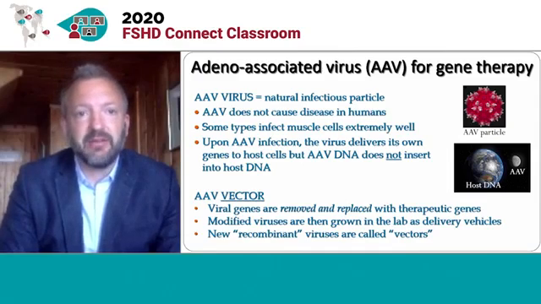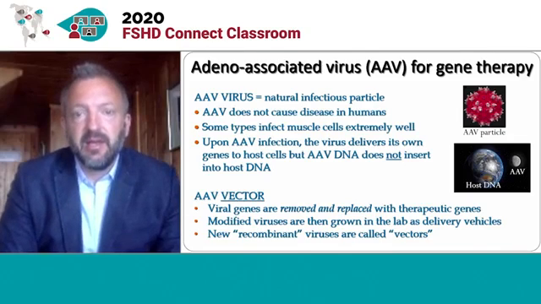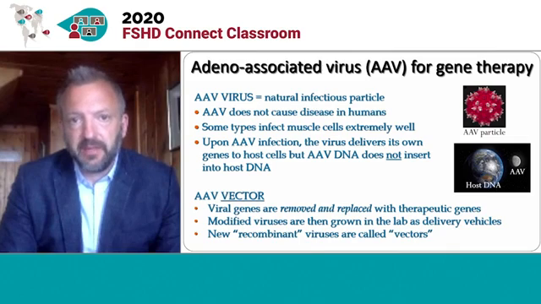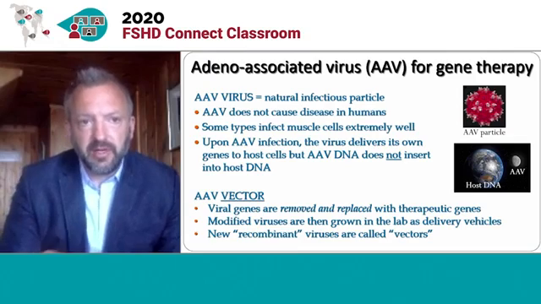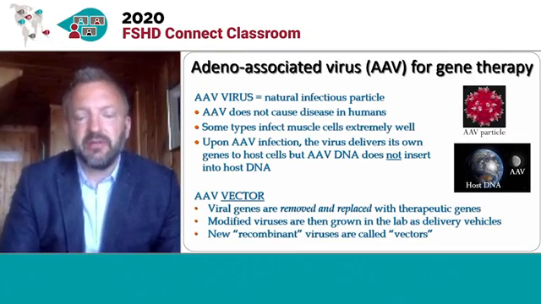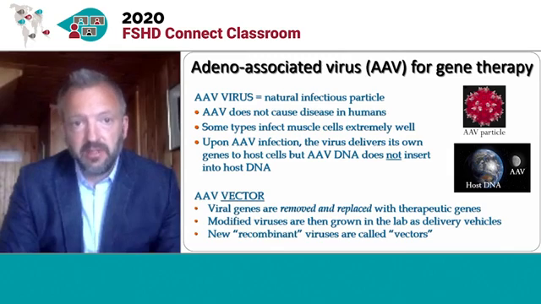This one is called the adeno-associated virus, also abbreviated as AAV. And these are really the viruses of choice for gene therapy. And there's several reasons for that. The AAV virus, so when I'm talking about virus, I mean the natural infectious particle, the actual virus that exists in the wild. So this AAV virus does not cause disease in humans.